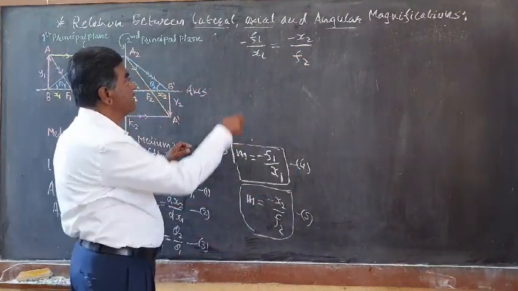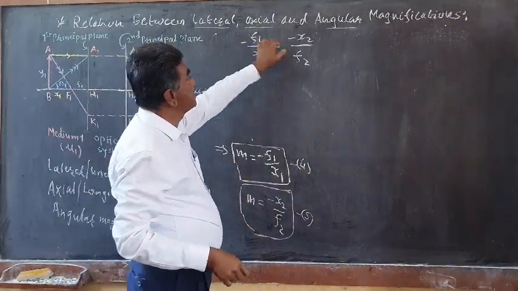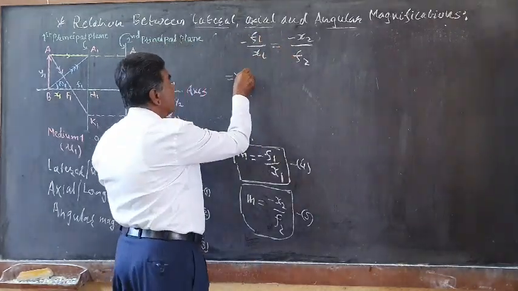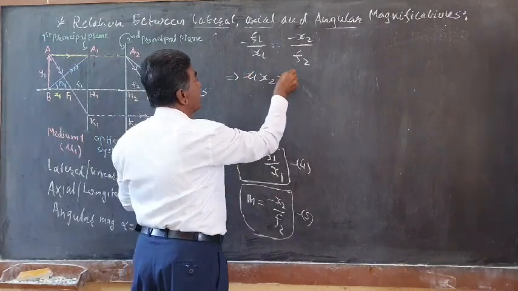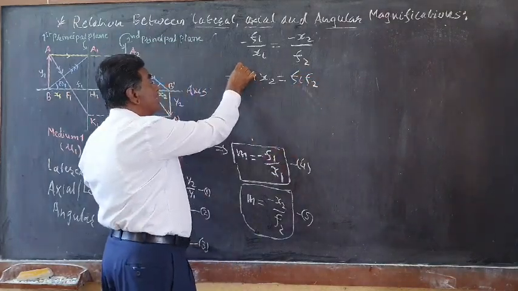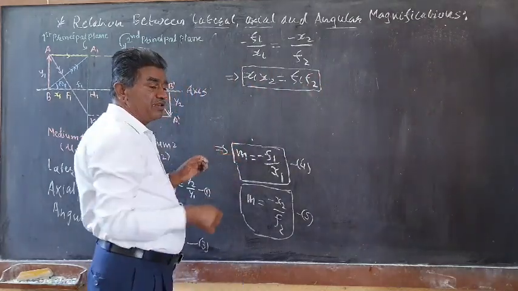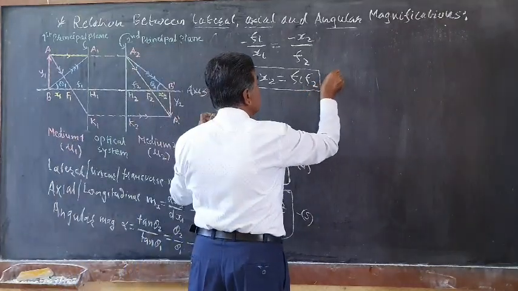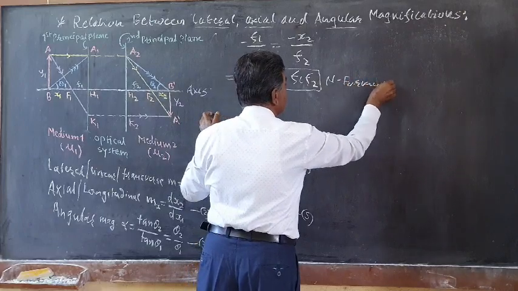From these two equations the minus signs cancel, we take it as positive and take the cross product. So we are getting x1 x2 equal to f1 f2, and we know this is nothing but Newton's formula, as we saw earlier in the derivation of Newton's formula. This is Newton's formula.